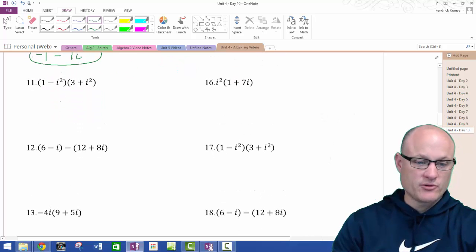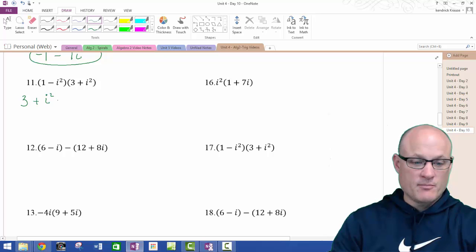We're going to double distribute. 1 times 3 is 3. 1 times i squared is i squared. And then minus 3i squared plus, minus i to the 4th.